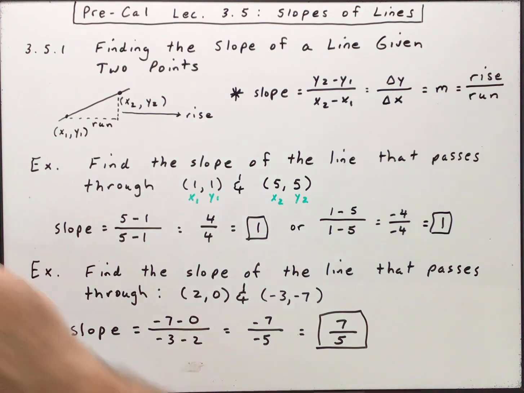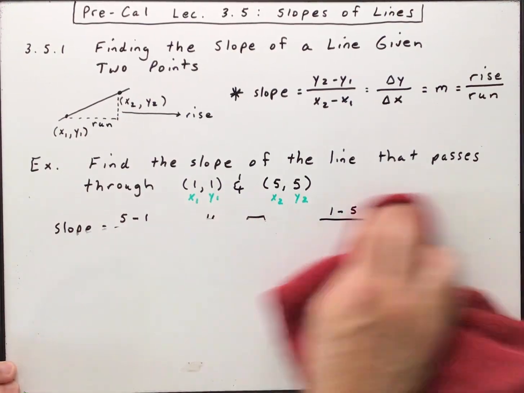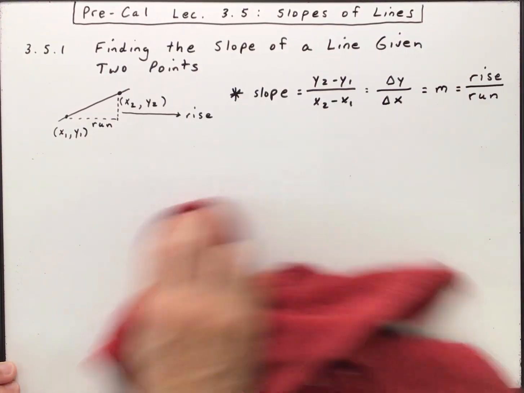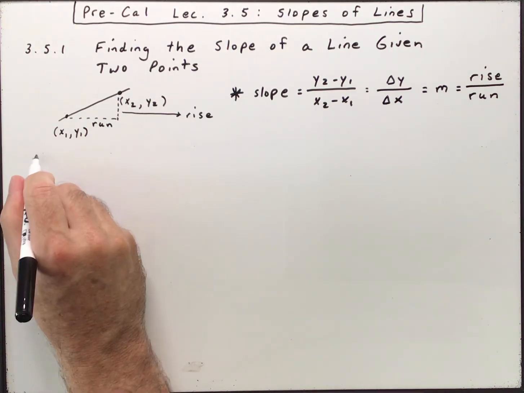All right, so pretty easy, right? Put a lot of these on the test, right? Okay, well, maybe not a lot, but you'll get one or two. Okay, and let's do one that's kind of a special case.